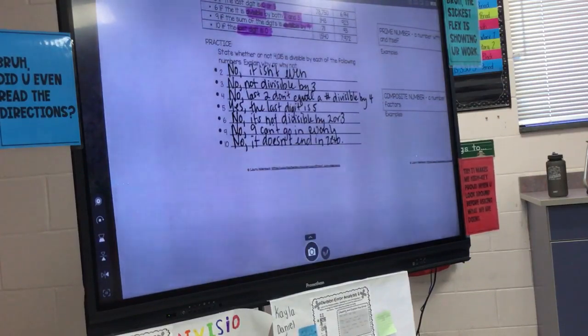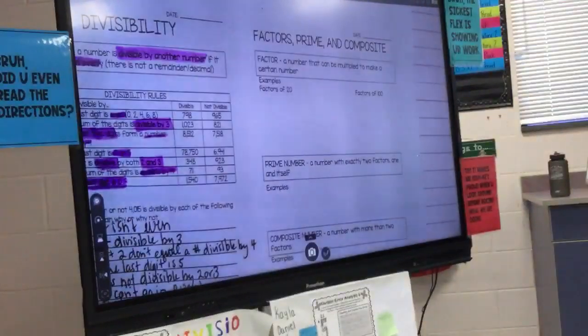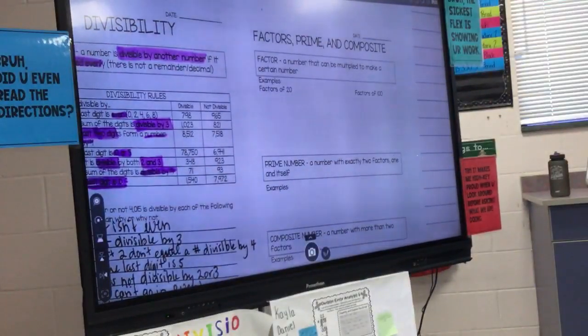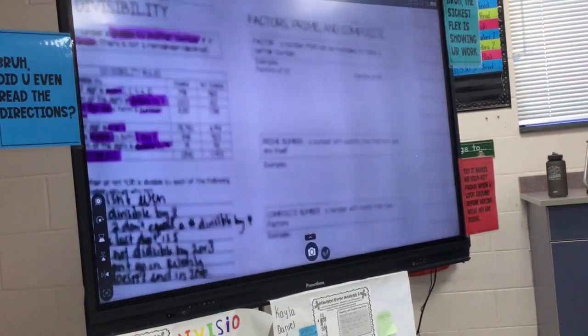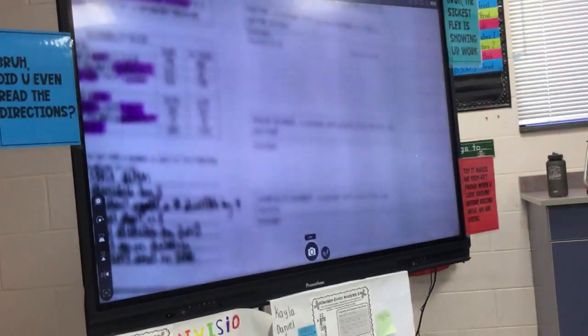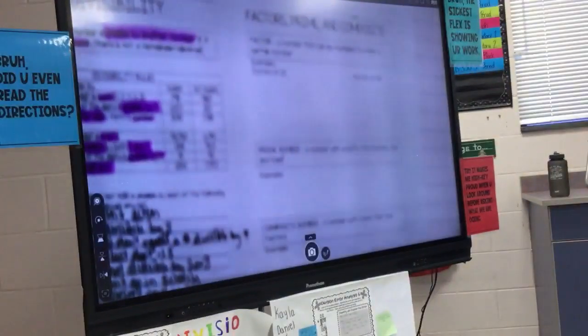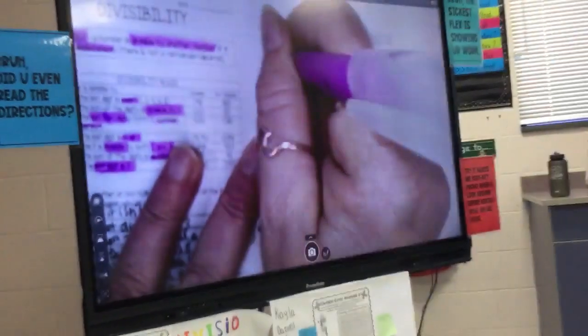All right, slide over to the next part: factors, prime, and composite. Factors we should already kind of know. A factor is a number that can be multiplied to make a certain number.